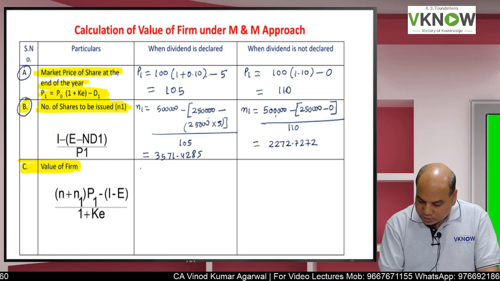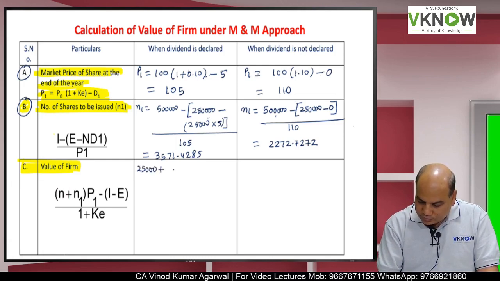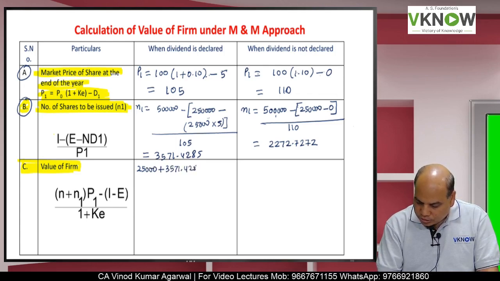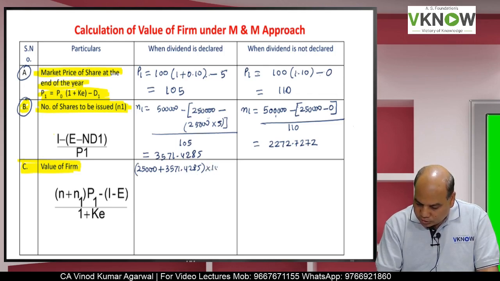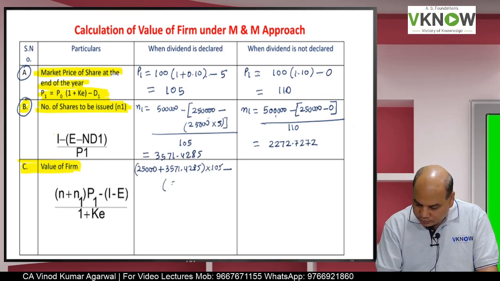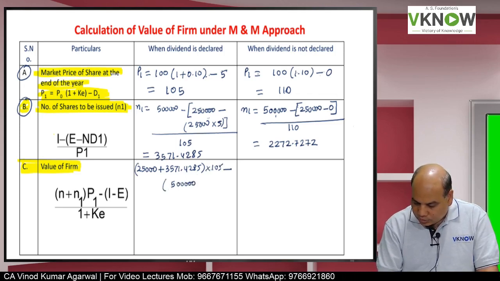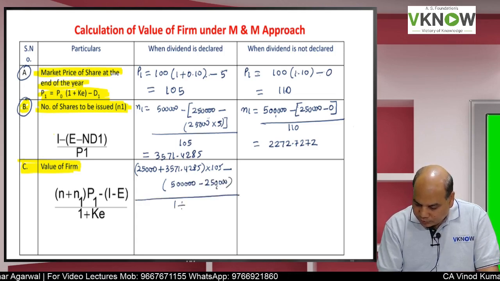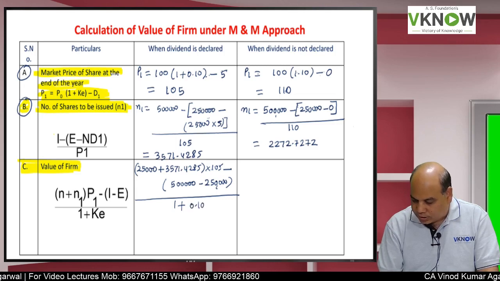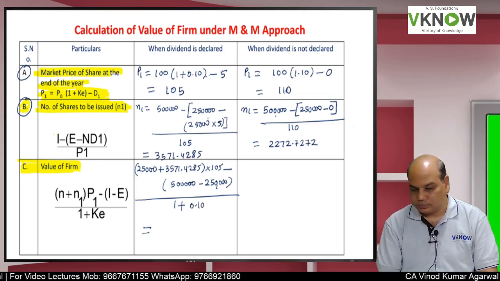N is 25,000 shares plus 3571.4285 into 105 minus, in bracket, 5 lakh minus earnings 2 lakh 50,000. Please solve. Divide by 1 plus 0.10. Final answer only.